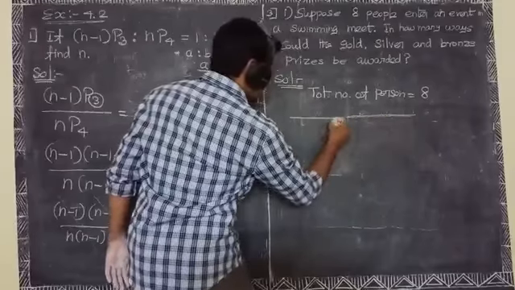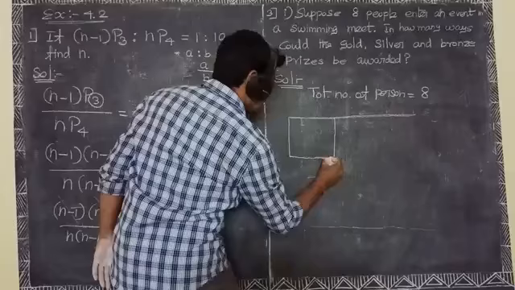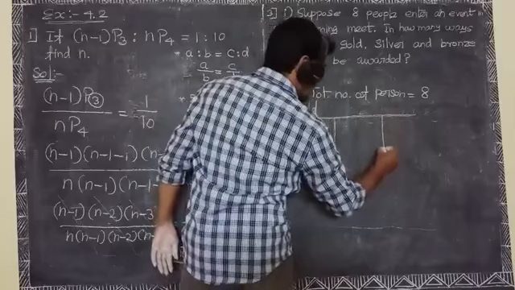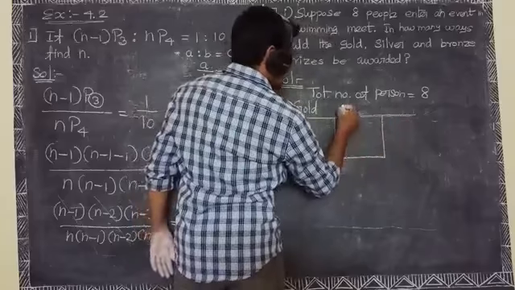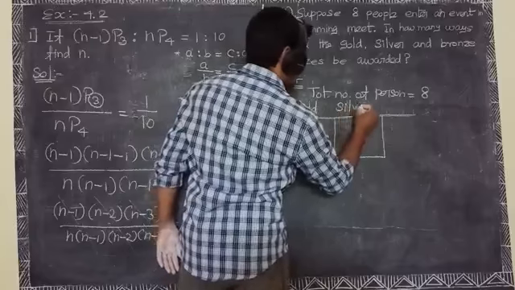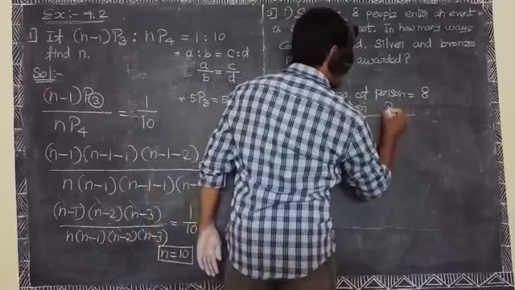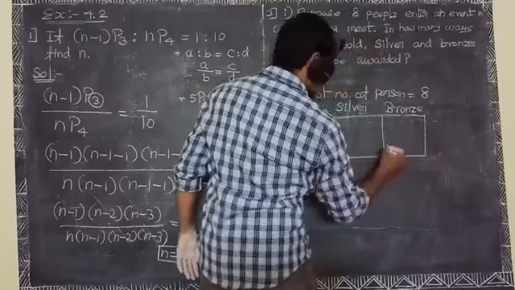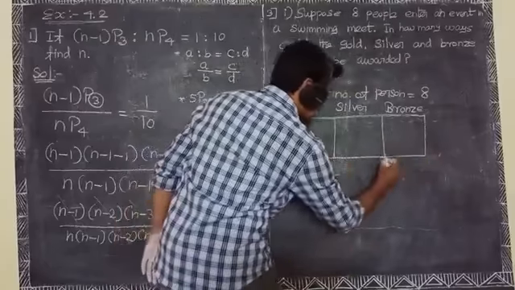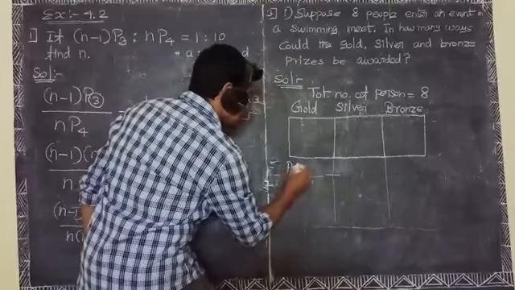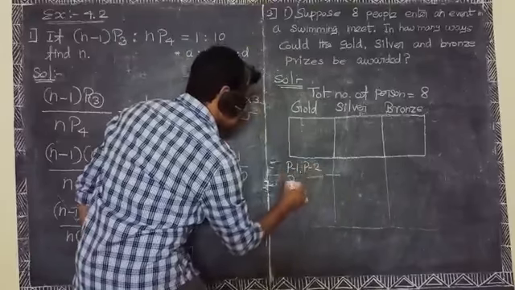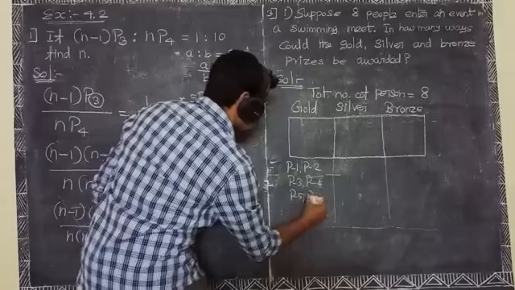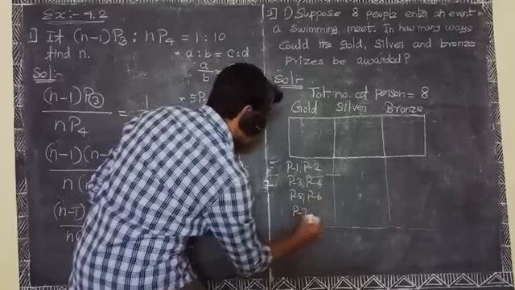Assume this is the gold prize, then the next one is silver, then the third one is bronze. Totally 8 persons: person 1, person 2, person 3, person 4, person 5, person 6, person 7, person 8.